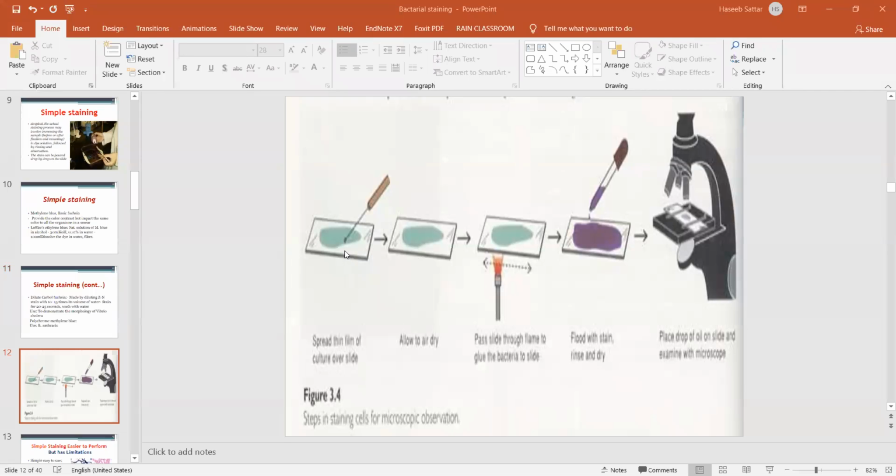Once the smear is formed, let it air dry, and then fix the smear by passing it over a flame. After that, we add a dye and then look under the microscope. So this is the simple staining technique.